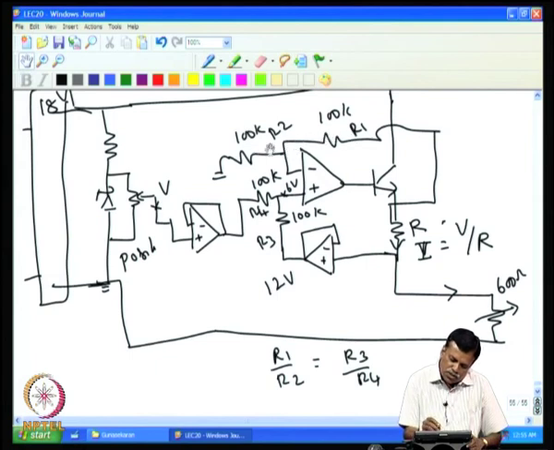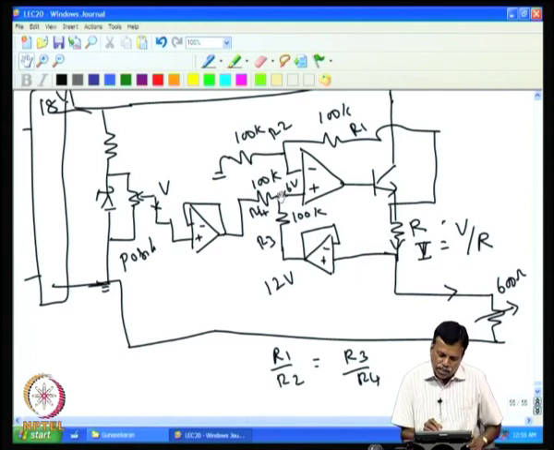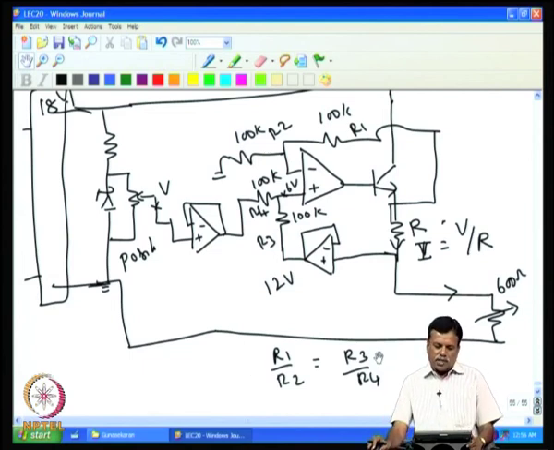If this ratio and this ratio are not equal, the voltage transferred to this point will be something, and the voltage transferred to this other point will be something else, and that will make this voltage, which we call common mode voltage, have an effect on the current. So, we have to make sure that this ratio is maintained constant. This is one of the major problems in this circuit.